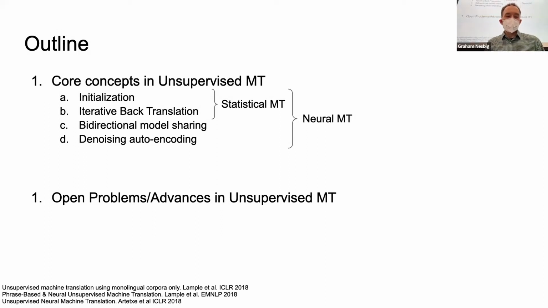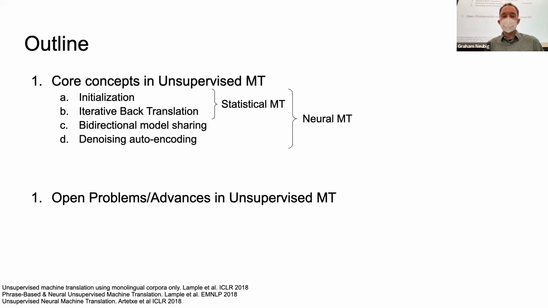So there are some core concepts in unsupervised MT, and these core concepts include initialization, iterative back translation, bidirectional model sharing, and denoising autoencoding. And actually, from the point of view of unsupervised MT, in some cases, people have also used older statistical machine translation techniques instead of neural machine translation techniques because they were more robust.